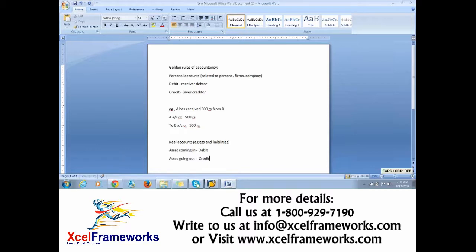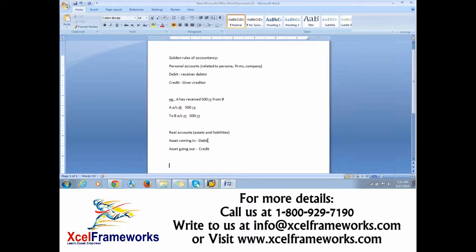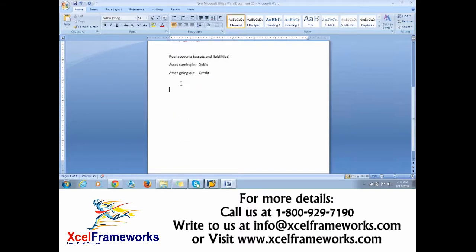Asset going out, we credit it. That means, suppose example, you have bought a computer for 10,000 rupees.